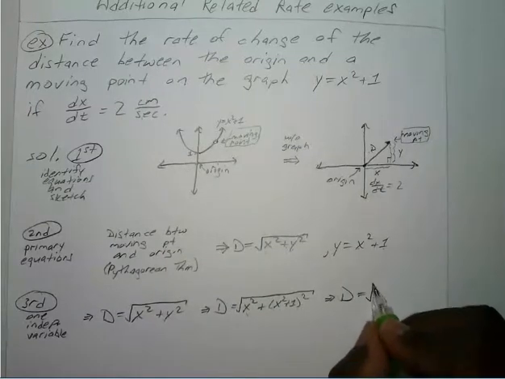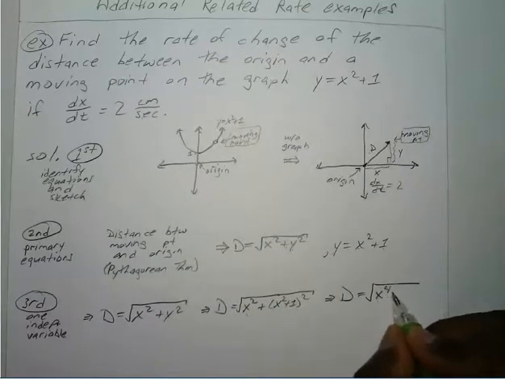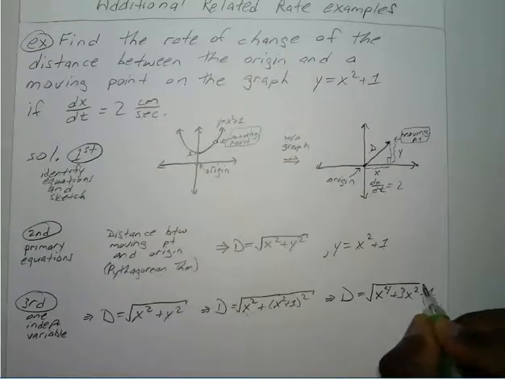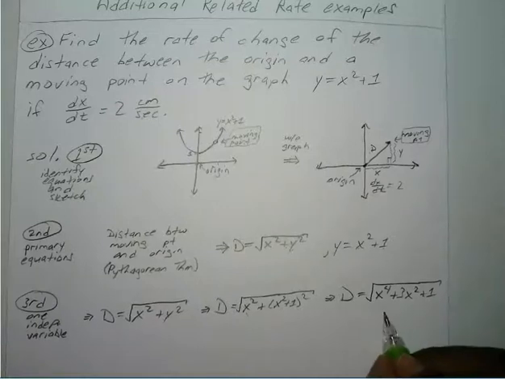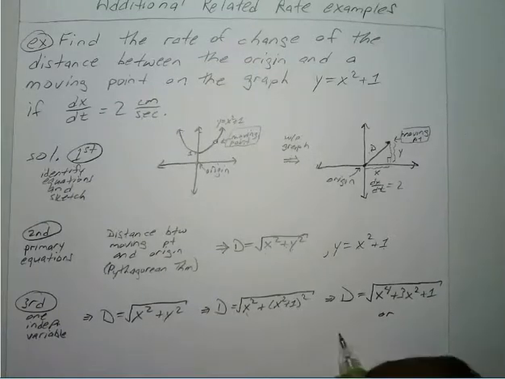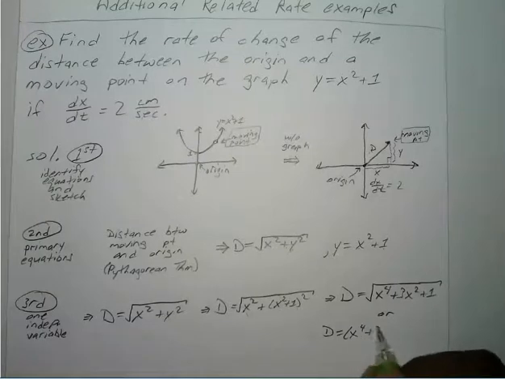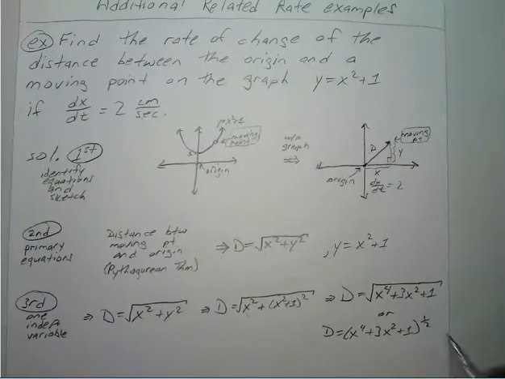We end up with the square root of x to the 4th plus 3x squared plus 1. Or you can rewrite it as d equals (x to the 4th plus 3x squared plus 1) to the 1/2 power. Okay, so now we have our one independent variable.